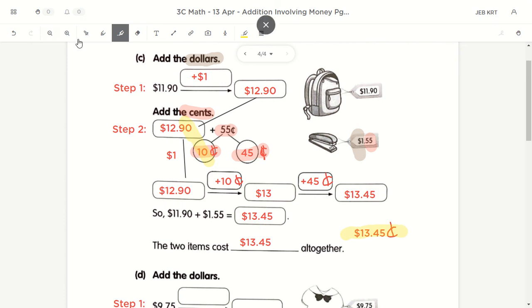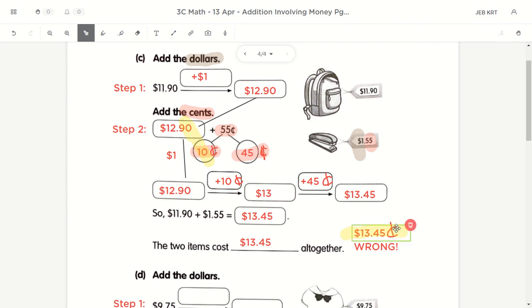Let me just write it down in a text box. Why is that? When you use a dollar sign, you don't need to use a cent behind. People don't write like that. This is a convention that we keep to. So this is $13.45. We don't need the cents symbol at the back.